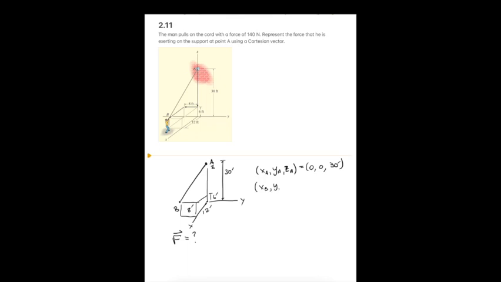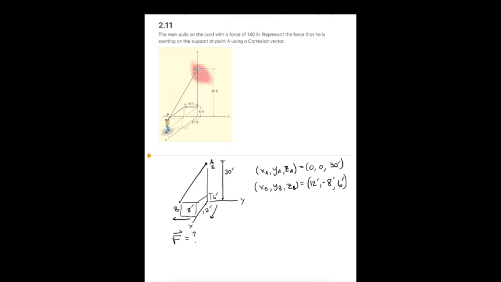For point B, we see that it is 12 feet positive in the x direction, so that's 12 for the x coordinate. It's negative for the y direction, and that's 8 feet, so negative 8 feet. And in the z coordinate, it is 6 feet, we're told.